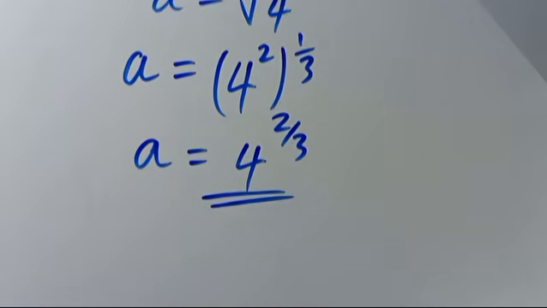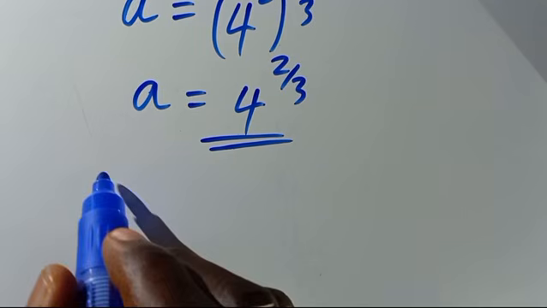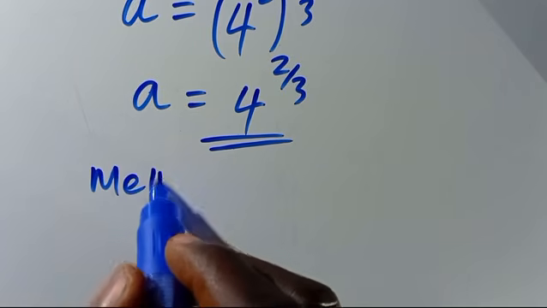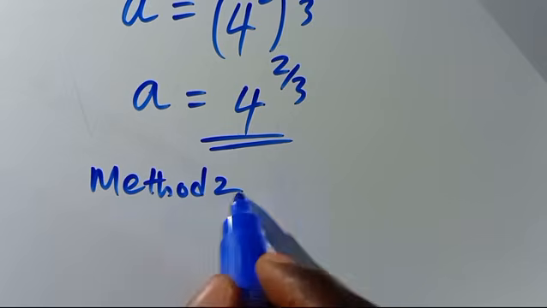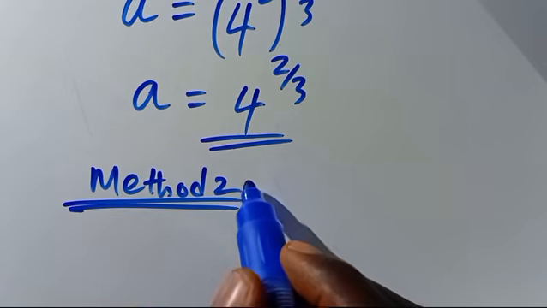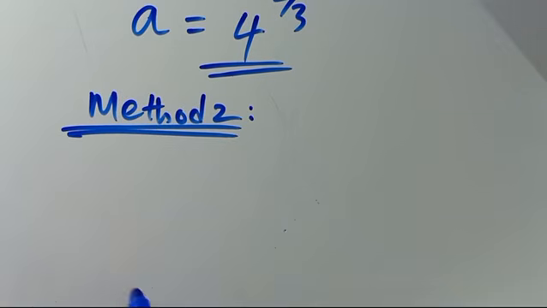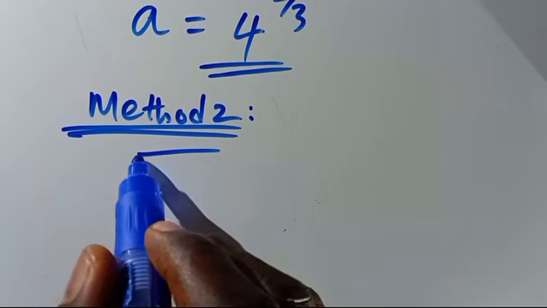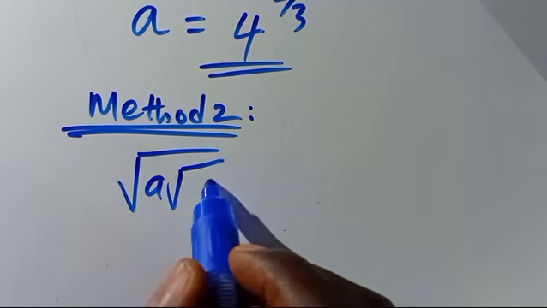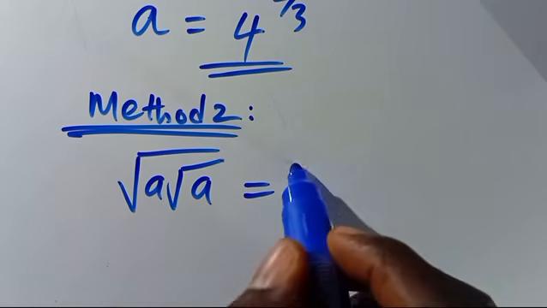Having used method 1, let's consider method 2. So we have root a into root a equals 2.